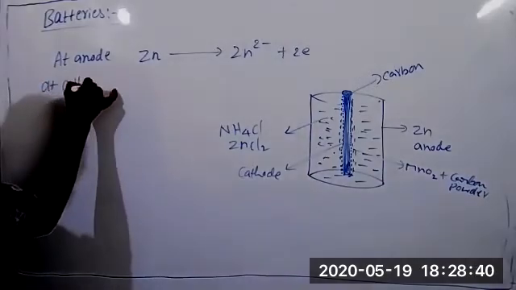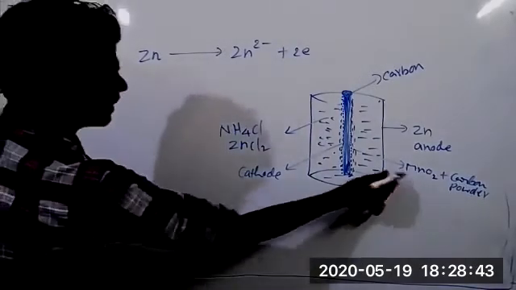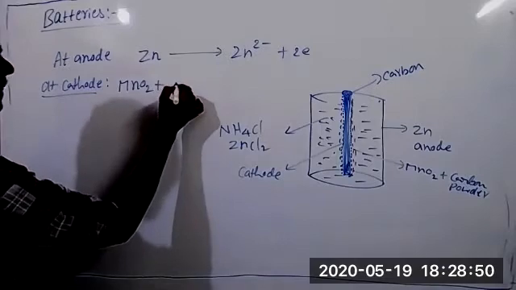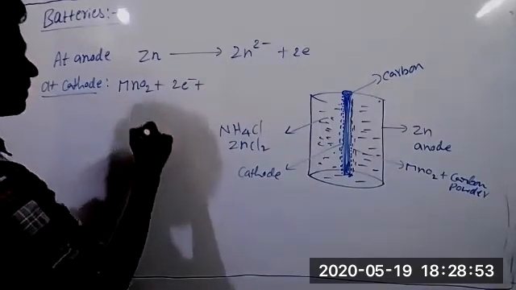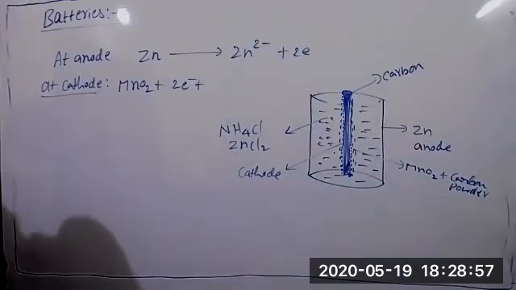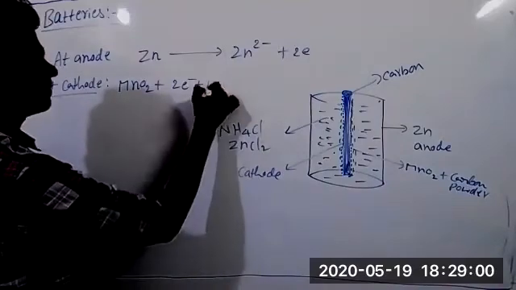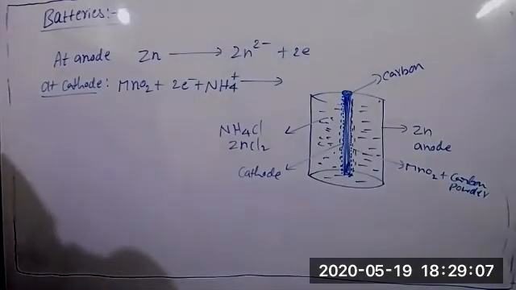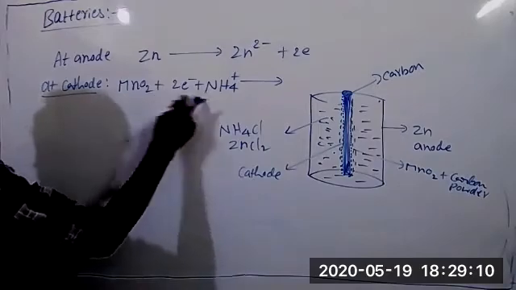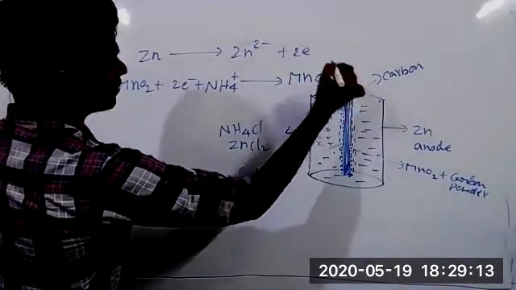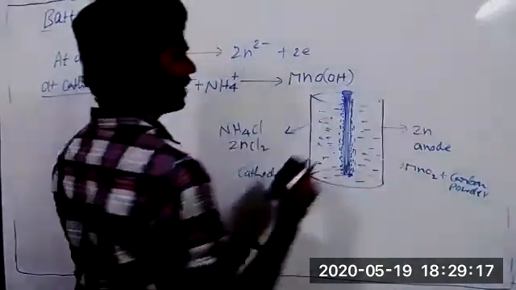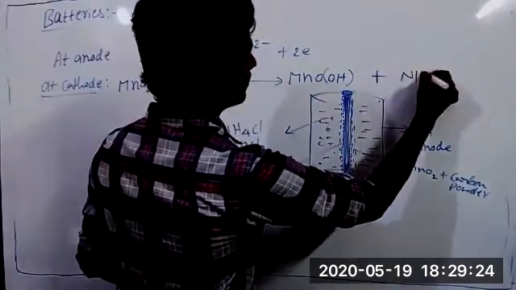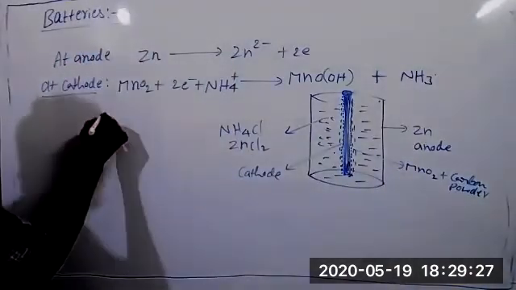At the cathode, MnO2 plus 2 electrons, along with NH4 plus, gives MnO(OH) plus NH3. So the overall reaction.